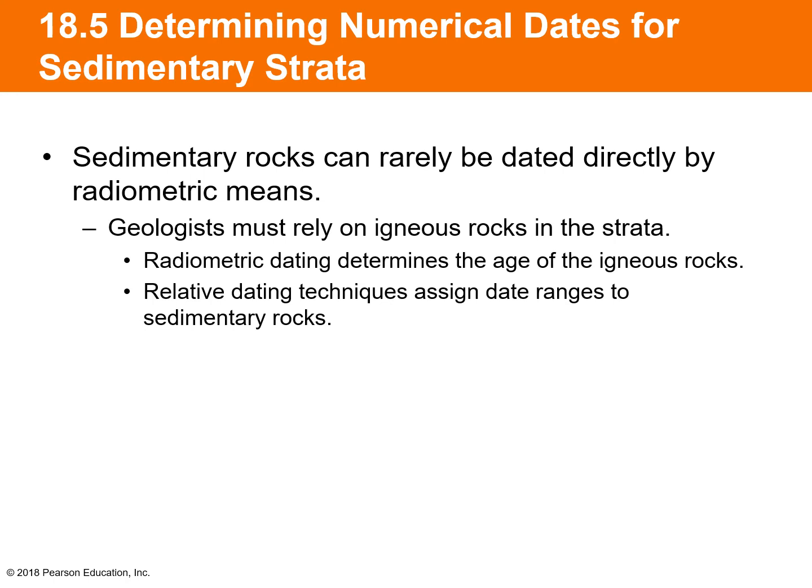As a result, geologists have to rely on igneous rocks to use numerical dating via radiometric means, and then relative dating techniques need to be applied to sedimentary rocks. So you're using a combination of radiometric numerical dating and relative dating to determine the age of rocks throughout the geologic record.